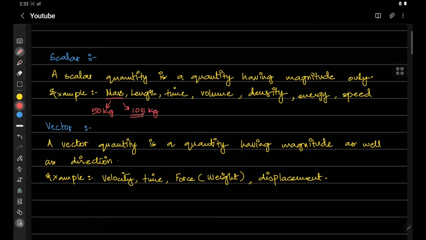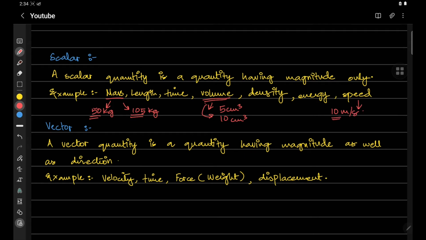So it only has the magnitude with it. Similarly, when we talk about volume, let's suppose this is 5 centimeter cube, and we have another thing which is 10 centimeter cube. Similarly, when we talk about speed, let's say this thing is moving at a speed of 10 meters per second.